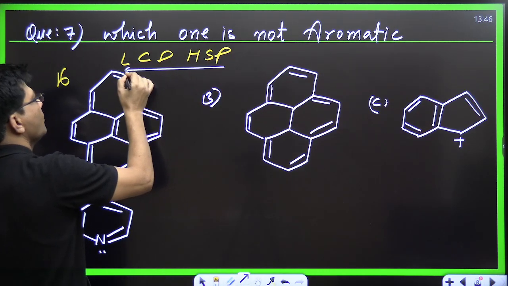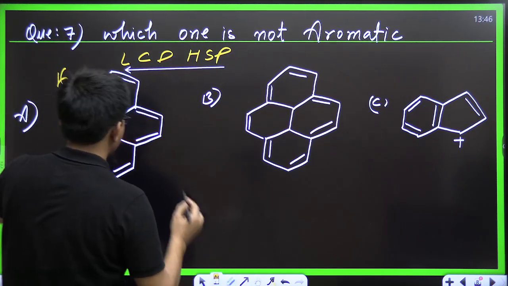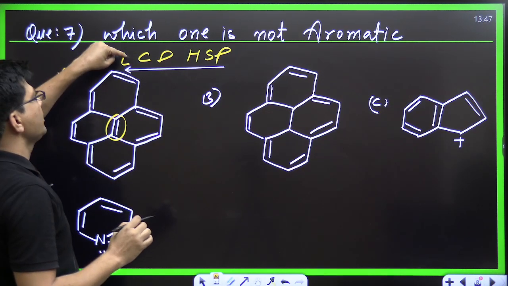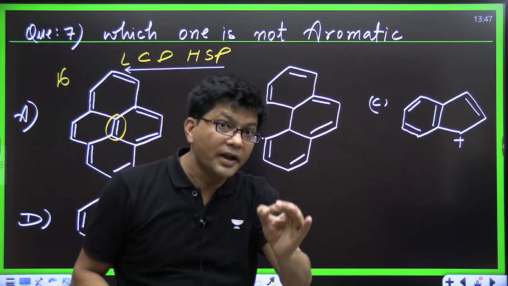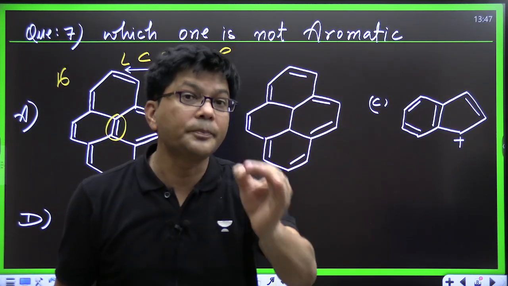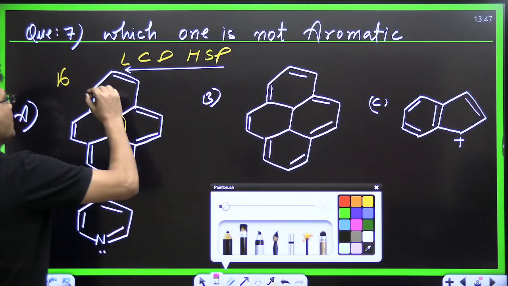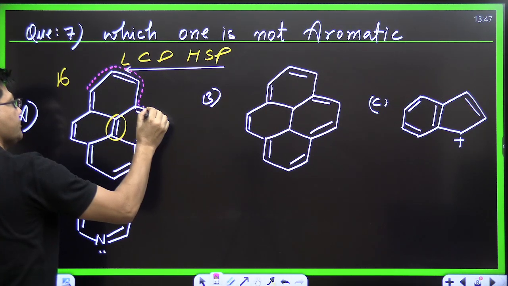What is this LCP HSP? Kids, we do not have to consider all these pi electrons. Why? Because L stands for longest conjugated periphery. L means longest, C conjugated periphery. Which is the longest conjugated periphery? This is the longest conjugated periphery.